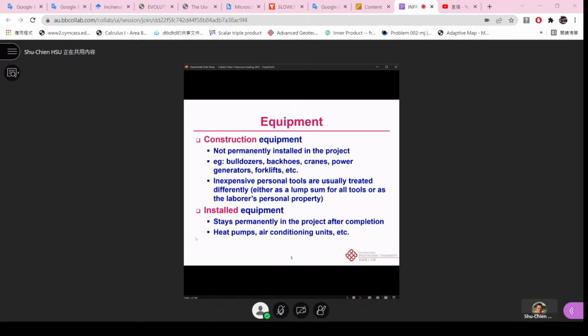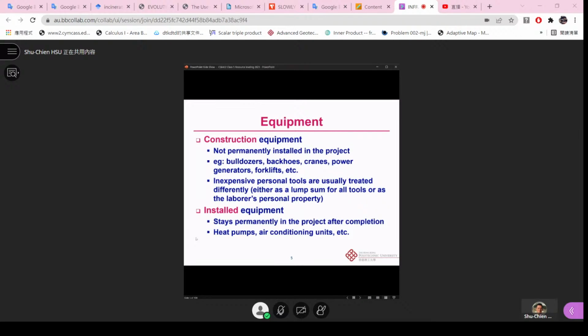For example, they can be either a lump sum for all the tools or a laborer's personal property, like helmets and some safety equipment, which are not that expensive compared with the equipment. We can just do it as a lump sum. Of course, we don't really count, okay, one helmet is how much, for the cost estimation, right?